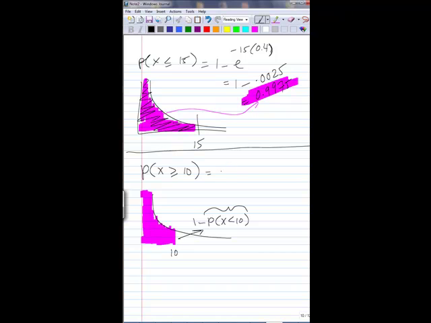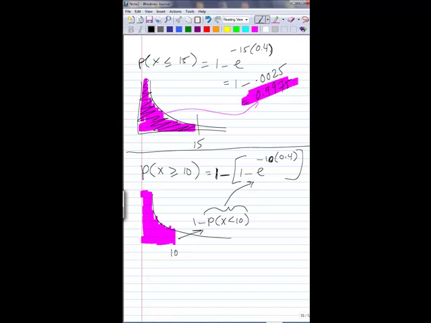That is, P of X less than or equal to 10 is 1 minus e to the negative 10 times 0.4. So 1 minus that will give us the answer.